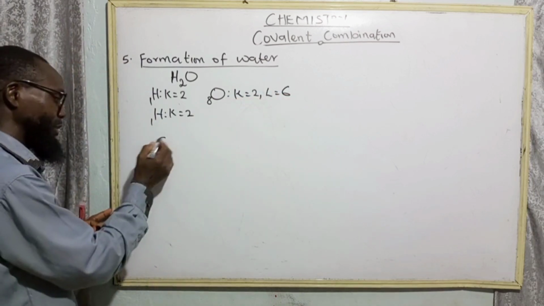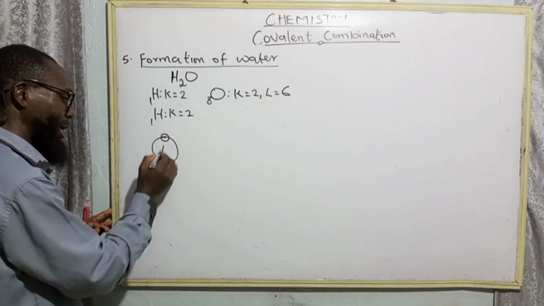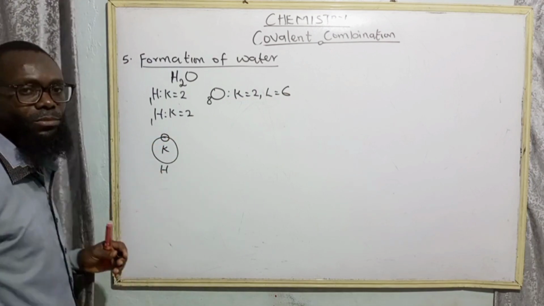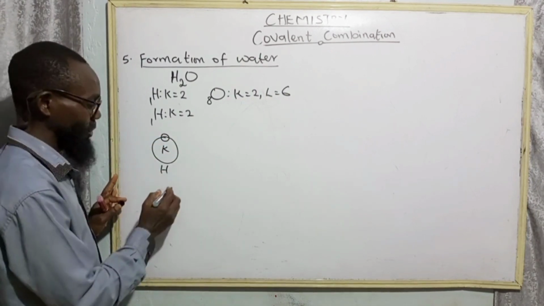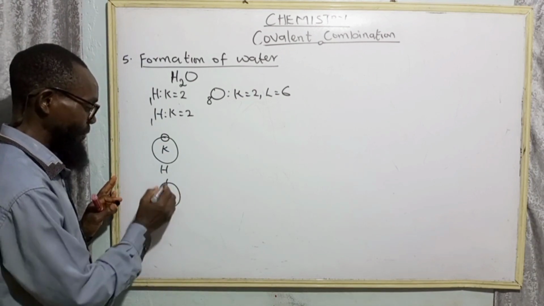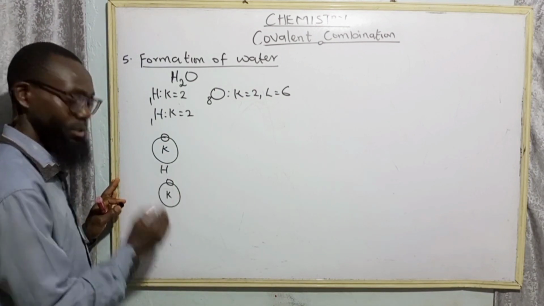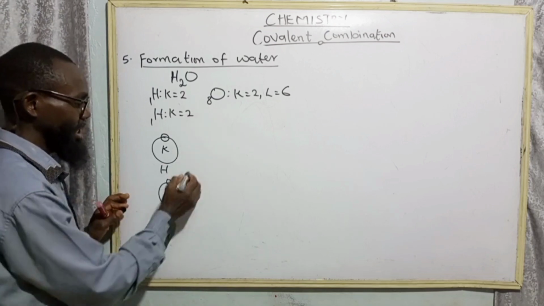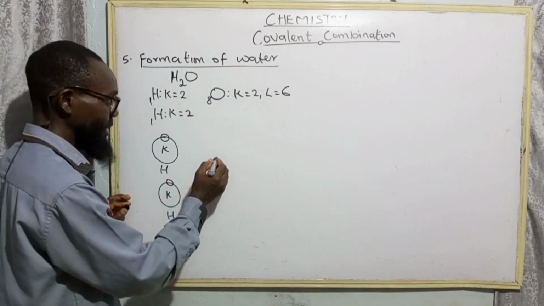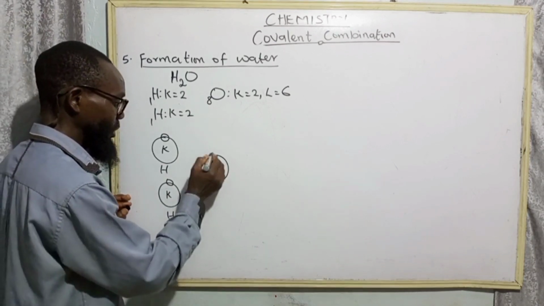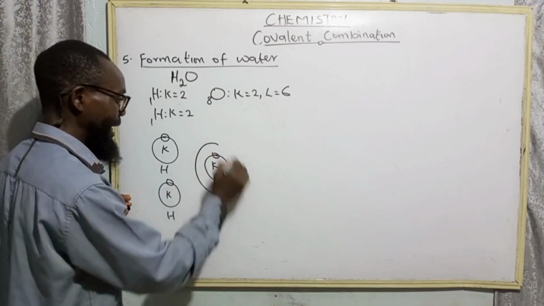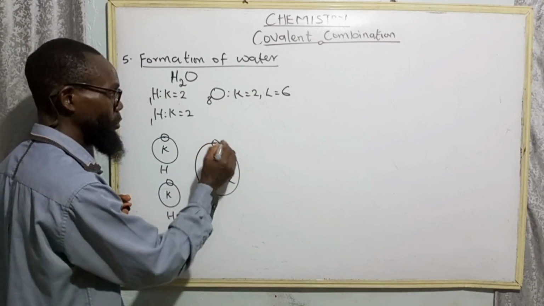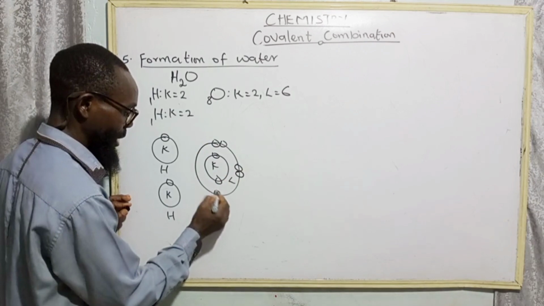So the first hydrogen atom has 1 electron in the outermost shell. Then the second hydrogen atom has 1 electron in the outermost shell. Then oxygen, K shell is 2 and L shell is 6, 2 and 6.